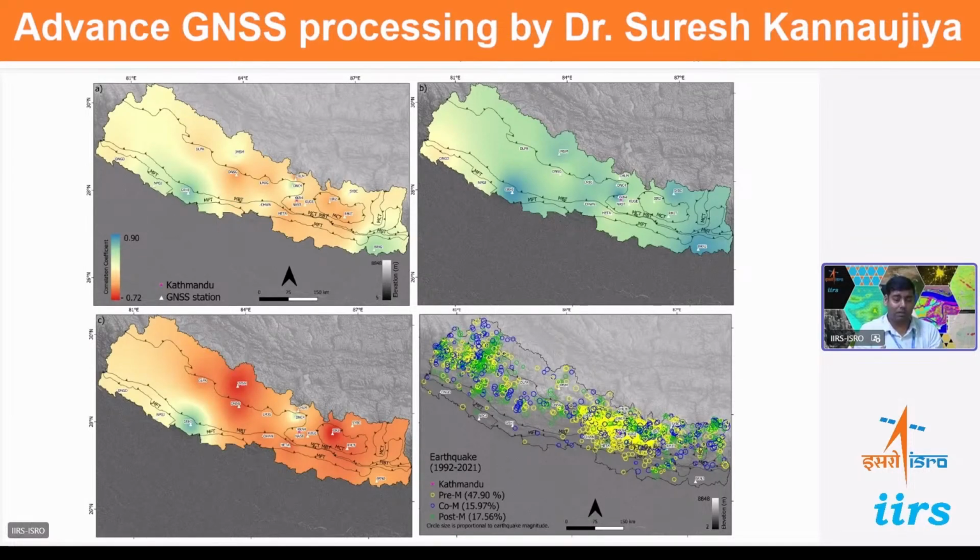So we know that this Himalaya is rising. Of course, plate convergence is contributing to the rise of the Himalaya, and it is mainly happening in the lesser Himalaya and the higher Himalaya. But the Indo-Gangetic Plain, the IGP, and the Shivalik have less influence in the vertical component, and this rising component is very, very less.